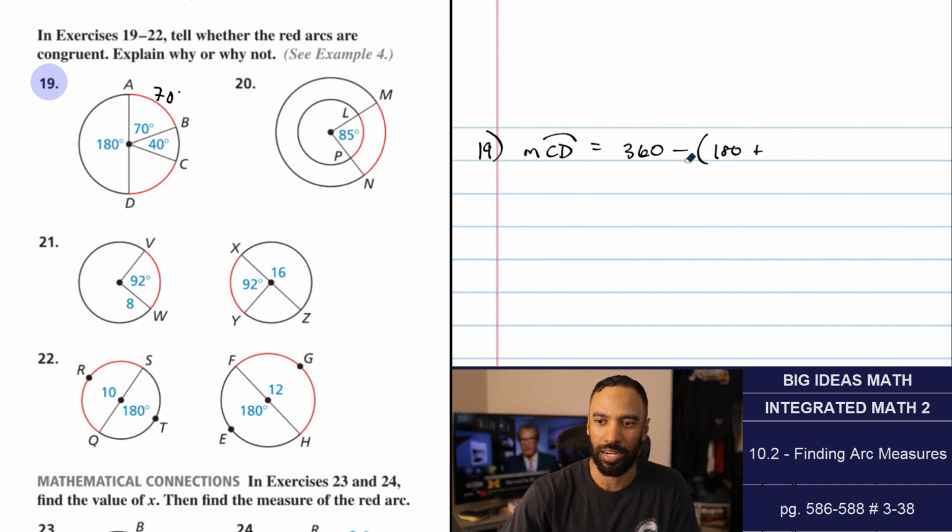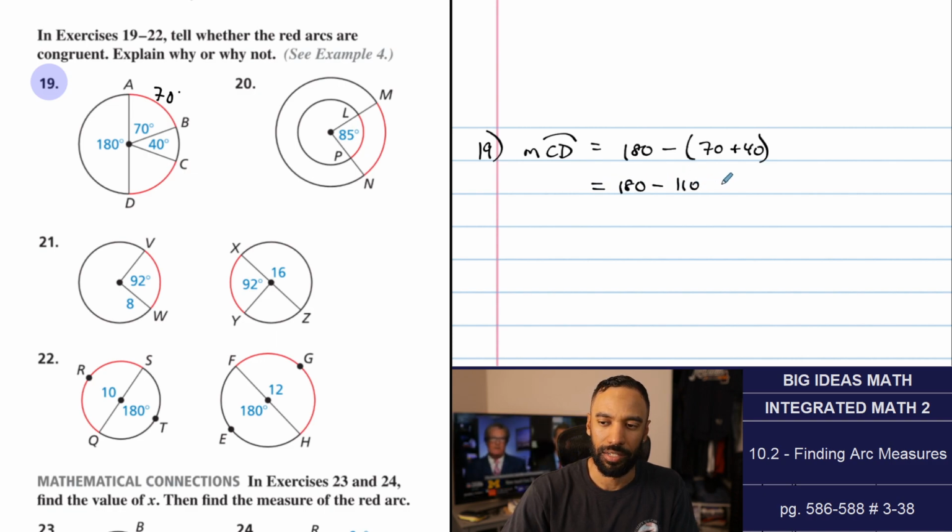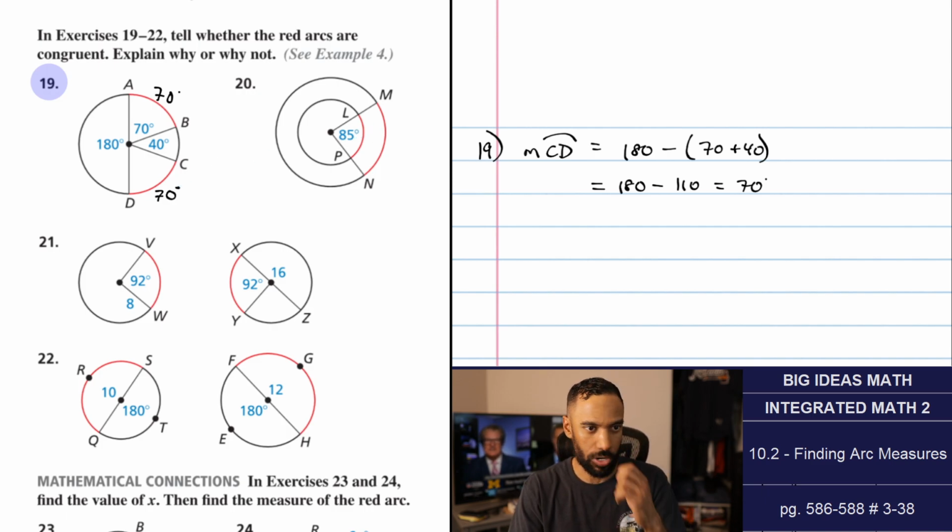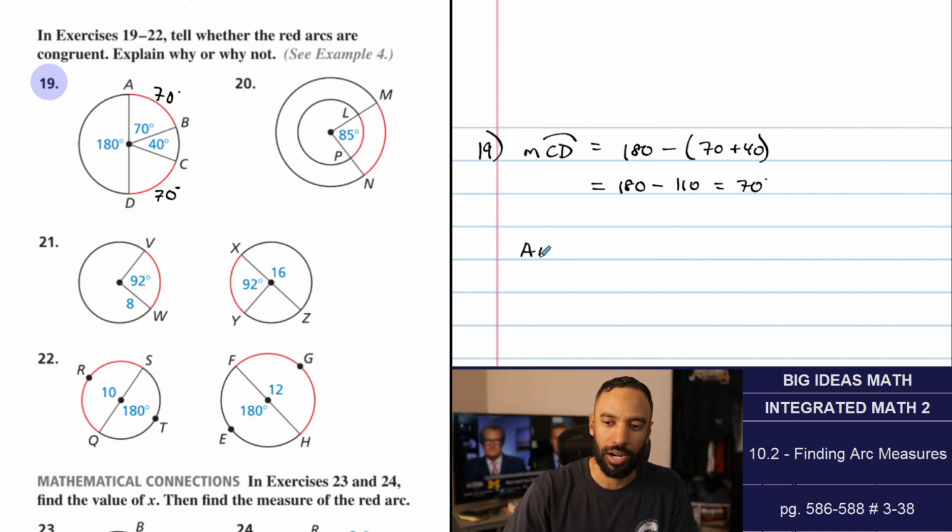So let me try that again. 180, because it's a whole semicircle, right? 180 minus 70 plus 40, which is 180 minus 110, which is 70 degrees. So because this one's also 70 degrees as well, and they exist in the same circle, then yes, these arcs are congruent. So yes, arc AB is congruent to arc CD.